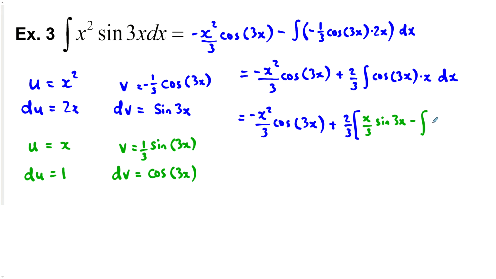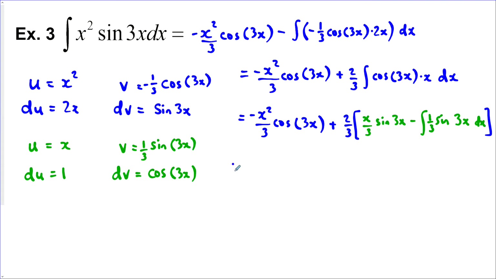So it's 1/3 sine 3x dx, and looks like I used a blue bracket there, so there, I'll close it. So this green one here is the second integration by parts that we did for this integral right here.